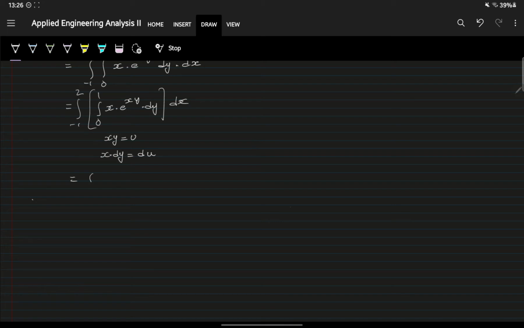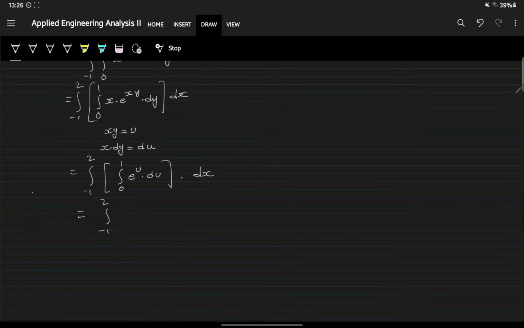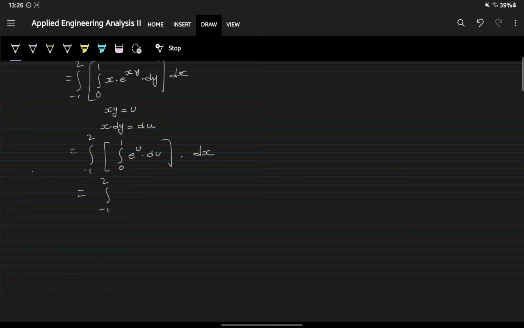Then this becomes e power u, x dy is du, so the integral of e power u is e power u between 0 to 1.